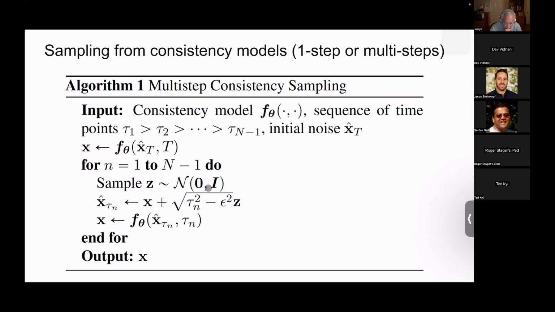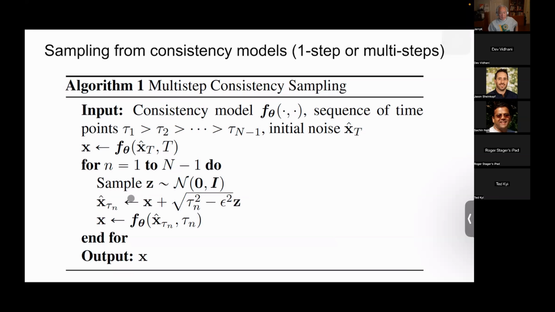picking some noises. This is the Gaussian noise that they add, depending on the time step that they have, and they're going from higher time step closer to the original time step, 0 time step, if you may, right? And xt is of course the far right, noisy, total Gaussian noise. So they are going closer and closer to the origin, and every time they apply it, they sample the image by applying the noise to it.